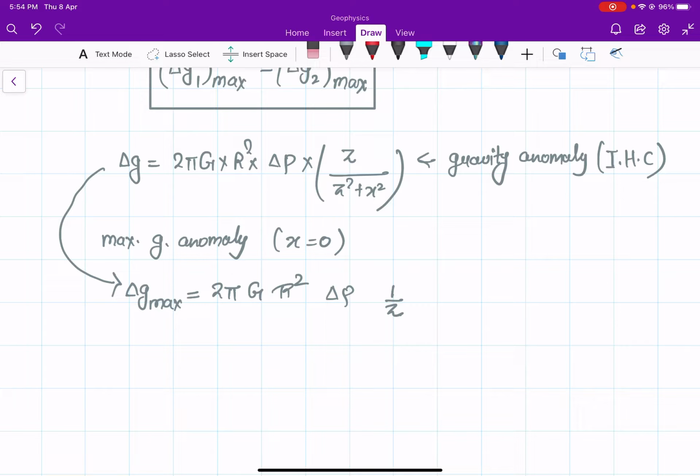So this is the expression for maximum gravity anomaly.